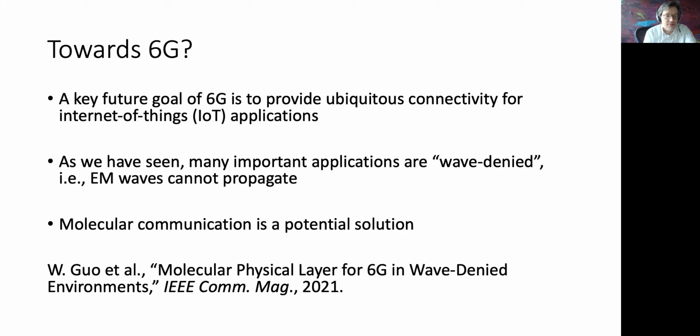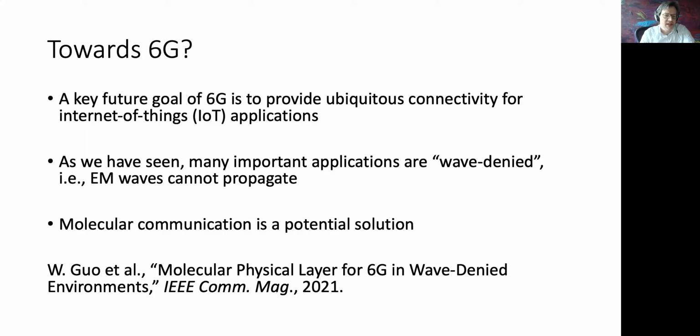So these are important applications. They need to connect to networks, particularly for ubiquitous Internet of Things applications. There's very important commercial reasons why you would want to keep tabs on what's happening in sewers, for example, or mines, even though these are not great environments for radio.